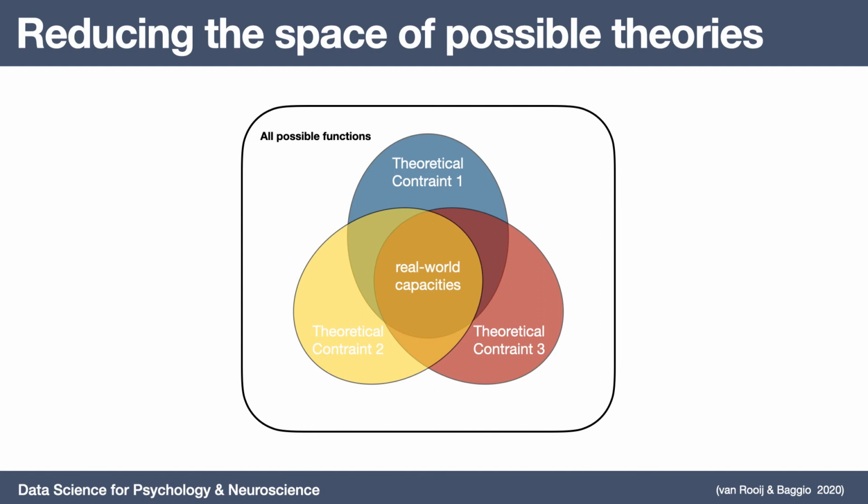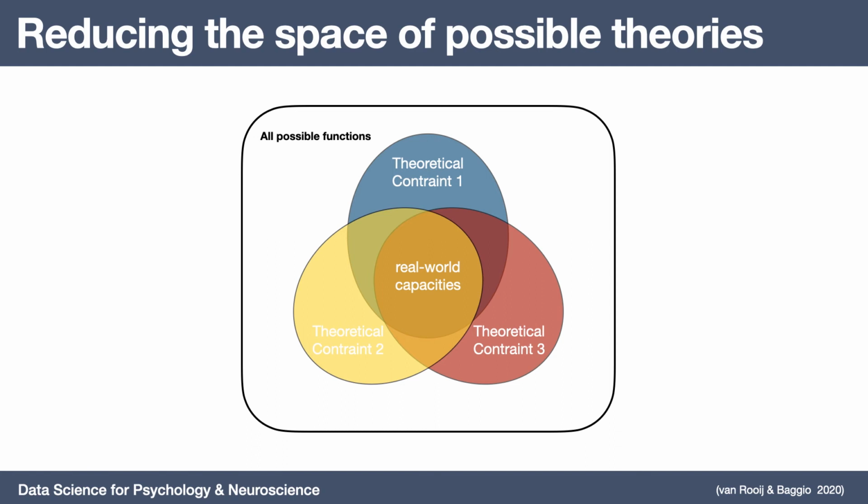All of those together, where they all converge, define the real-world capacities of the system you're trying to test. And what that does is that it narrows the space of possible forms of your theory and gives you a narrow testable range of possible shapes that your theory of capacities can take.